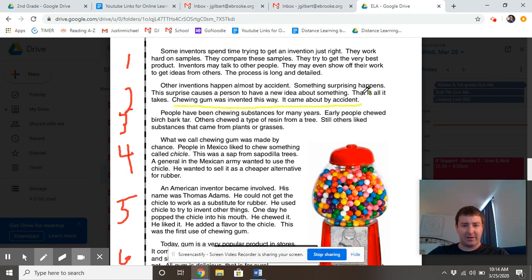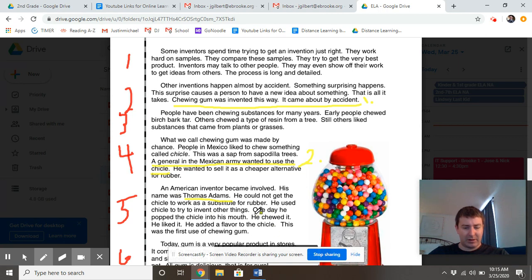This was our first piece of evidence, so we'll put a number 1 right there. And then we talked about the general in the Mexican army who wanted to use the chicle. Okay, and that was our second piece of evidence. And our third piece of evidence was the American inventor, Thomas Andrews.